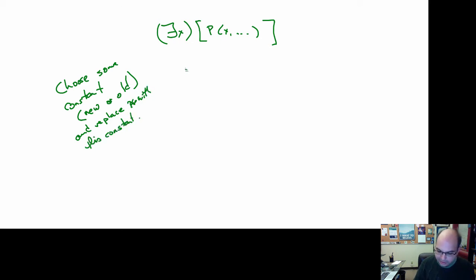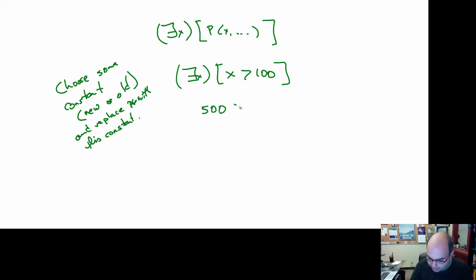So let's say that I want to prove there exists an x such that x is greater than 100. Okay, this is a true fact, right? So what am I going to do? Instead of x, I'm going to replace that with some constant. Let's pick 500. Okay. 500 is greater than 100, I'm going to be able to prove that, and then I've proved that there exists an x that is greater than 100, okay?